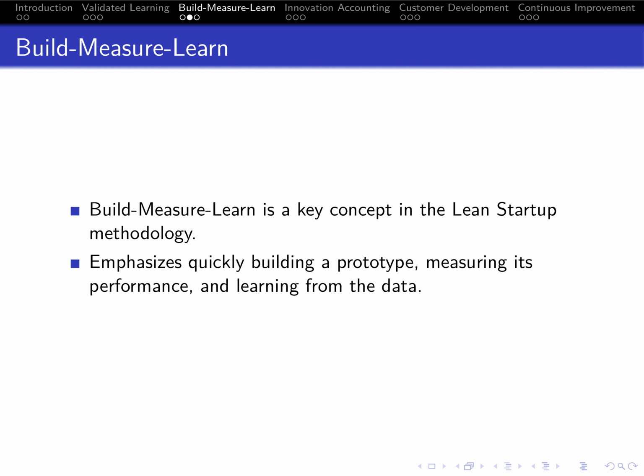Tracking key metrics like user engagement, conversion rates, and customer feedback allows entrepreneurs to make informed decisions and prioritize features that resonate with their target market. Learning from the data collected during the measurement phase is essential for continuous improvement and innovation.